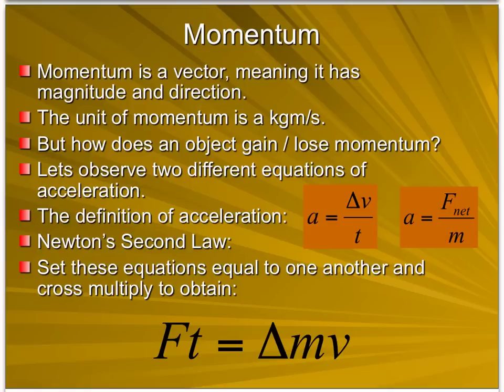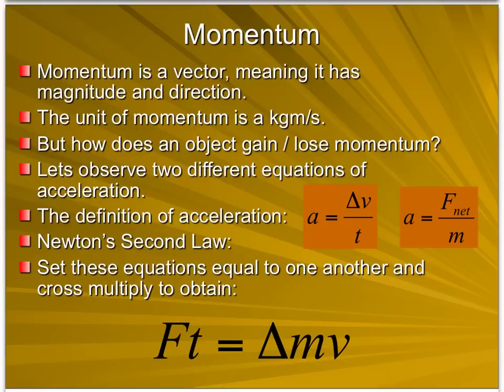And from that, we got these equations. The first one was acceleration is delta v over t, and our second equation for acceleration was actually Newton's second law, which says that the acceleration is equal to the net force divided by the mass of the object. And so we can combine these two equations now to show how an object changes momentum.